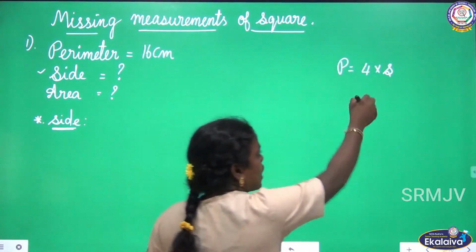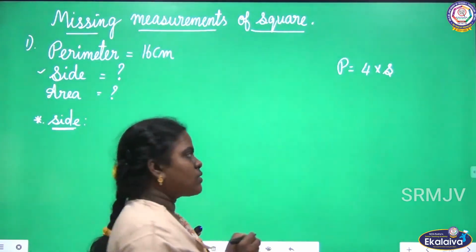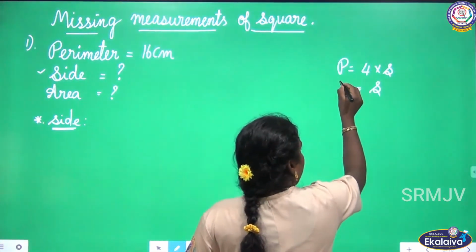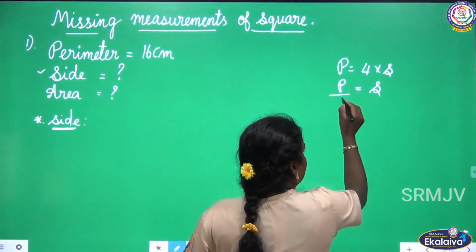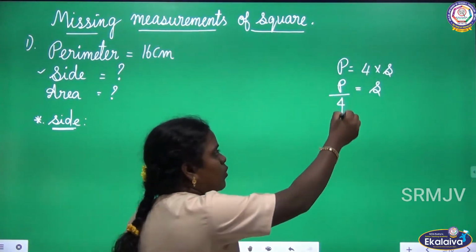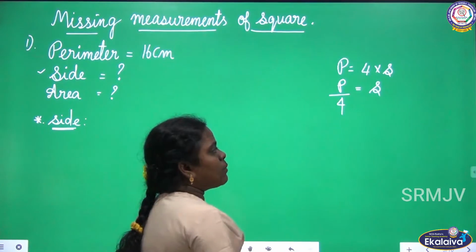So from this formula we are going to derive the side of a square. So side equals perimeter divided by 4. You just take the multiply by 4 to the other side, and it becomes divide by 4.